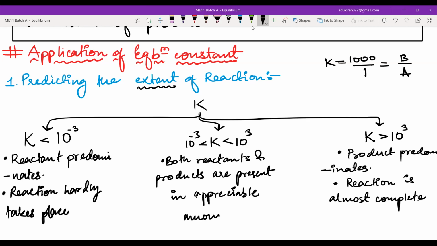Appreciable amounts. Done, guys? Yes, sir. Done.